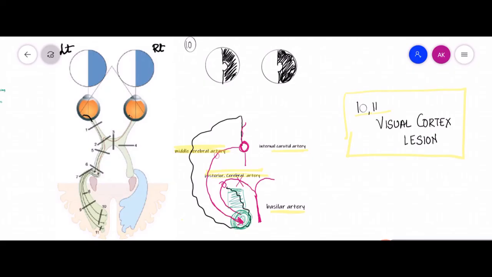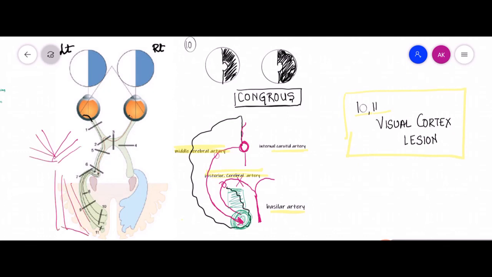Okay. Now, the next question is, is this defect congruous or incongruous? So when we reach the visual cortex, the defect will become congruous. Okay, the defects in both the eyes will become more alike. And why is it so? It happens because in the optic radiation, the fibers are actually radiating, and after radiating, as they reach the visual cortex, they will converge to a particular point.